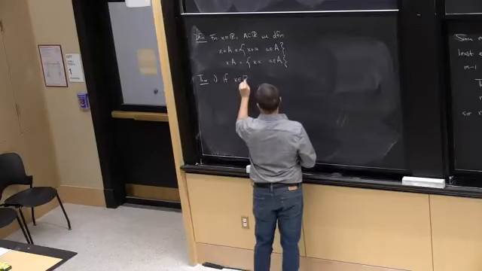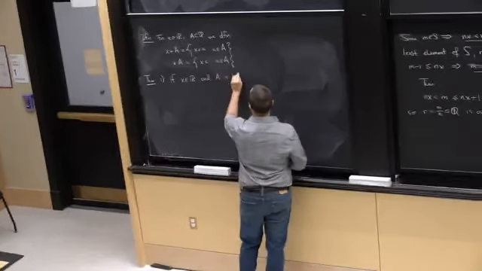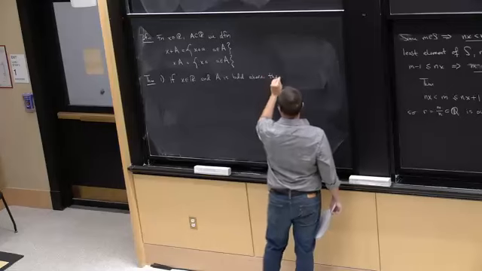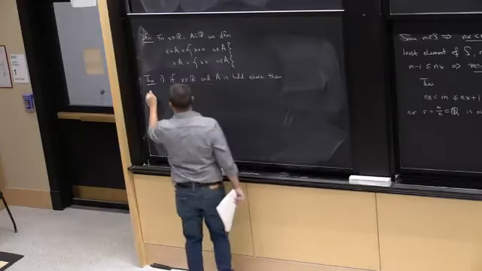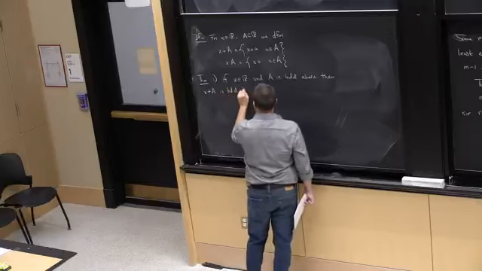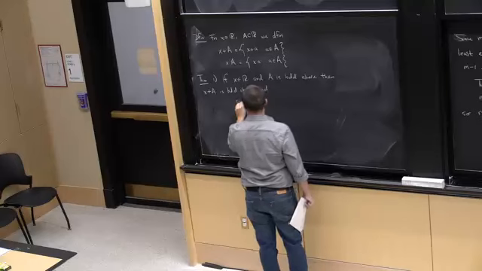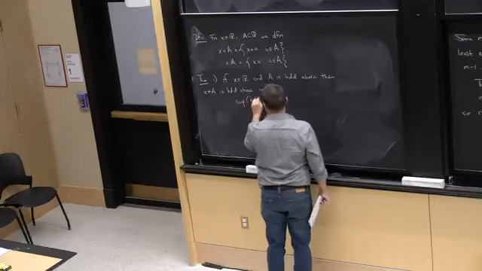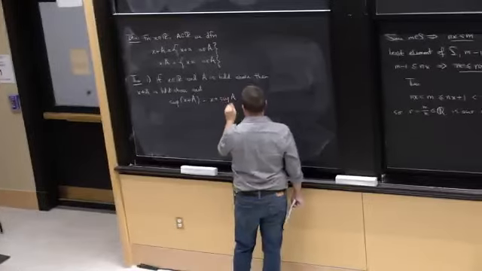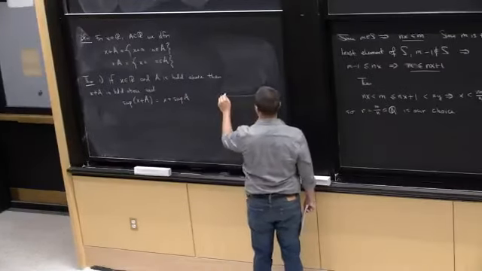If x is a real number and A is bounded above, then the conclusion is x plus A is bounded above, and the supremum of this set x plus A is equal to x plus the supremum of A.